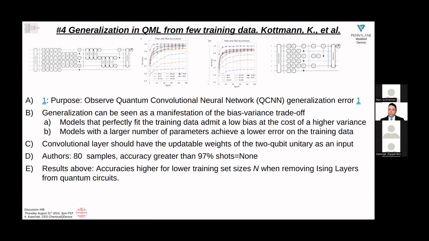Yeah, but I see somebody put in the chat, shots equals none is an exact state vector algebra, but what happens if the thing comes up with 1/√2 as your output? Yeah, and this is a conversation we can have too, because it runs the quantum circuit and it's giving the exact value right away. I'm just going to assume they're doing something behind the scenes to speed things up, but I don't think it's shots equals 1 or just one pass. That's just some way that they're accelerating the process.